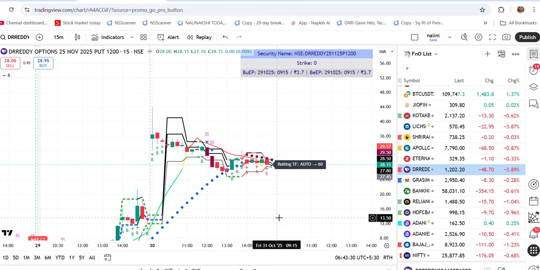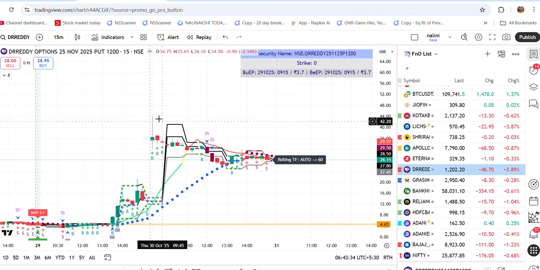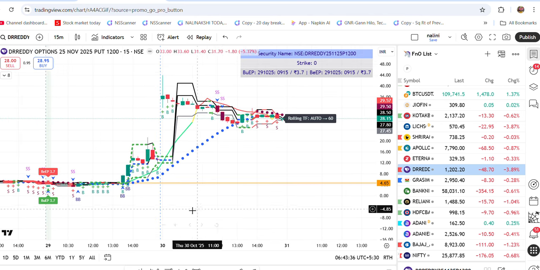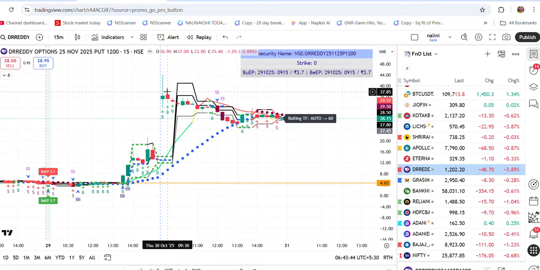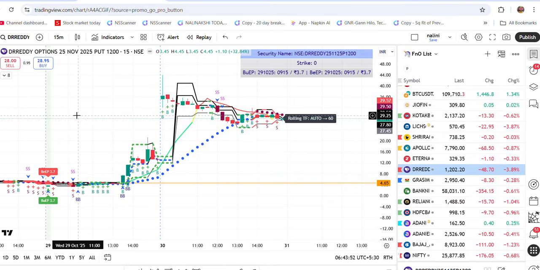So it is 625 shares. You are capturing 42 from, say, 4 or 5 rupees, or 7 rupees, name it. 7 to 42 rupees is, say for example, 37 rupees.